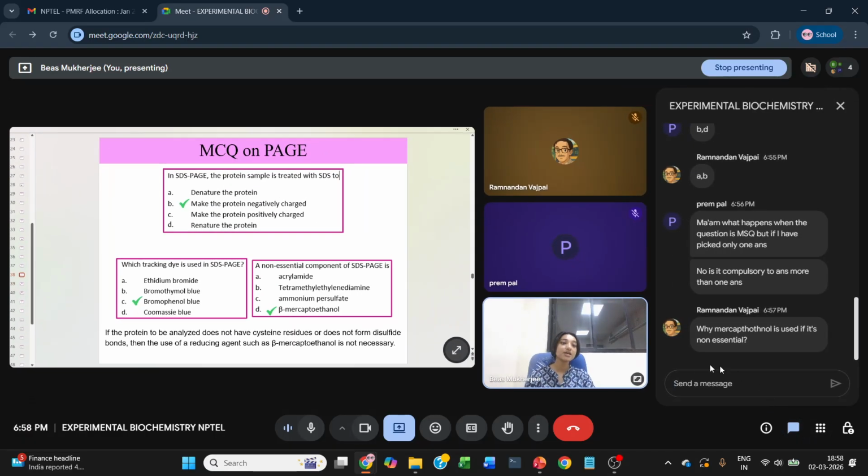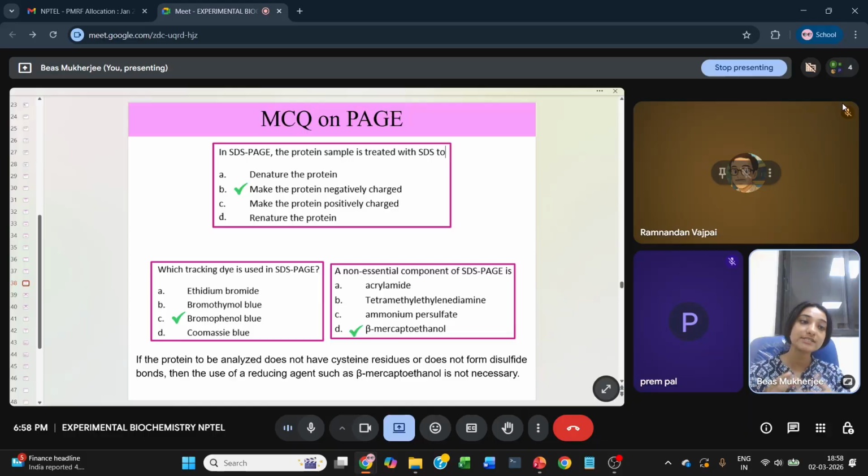The next question is, why is BME added if it is not essential? BME is added only when a particular protein has a disulfide bond or there is any cysteine residue. If there is a cysteine residue, there is a very high possibility that the protein is forming a dimer.